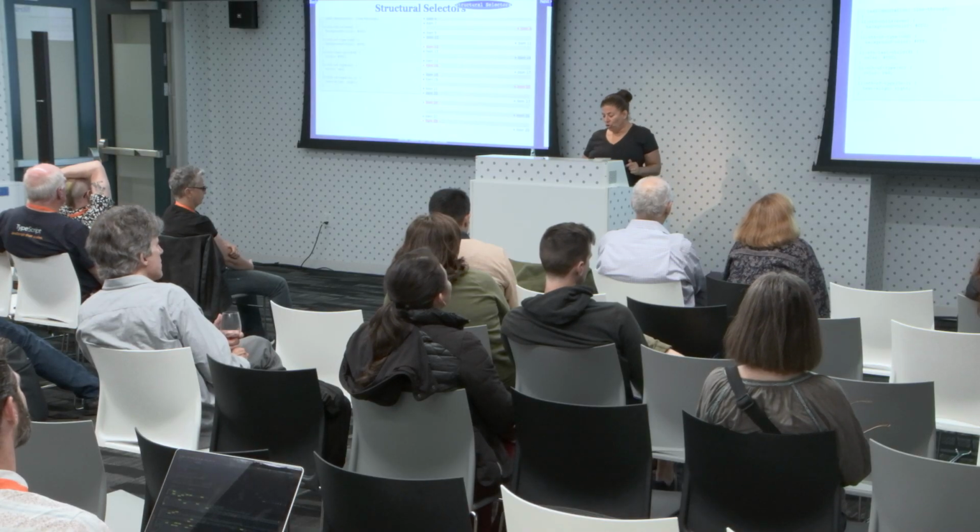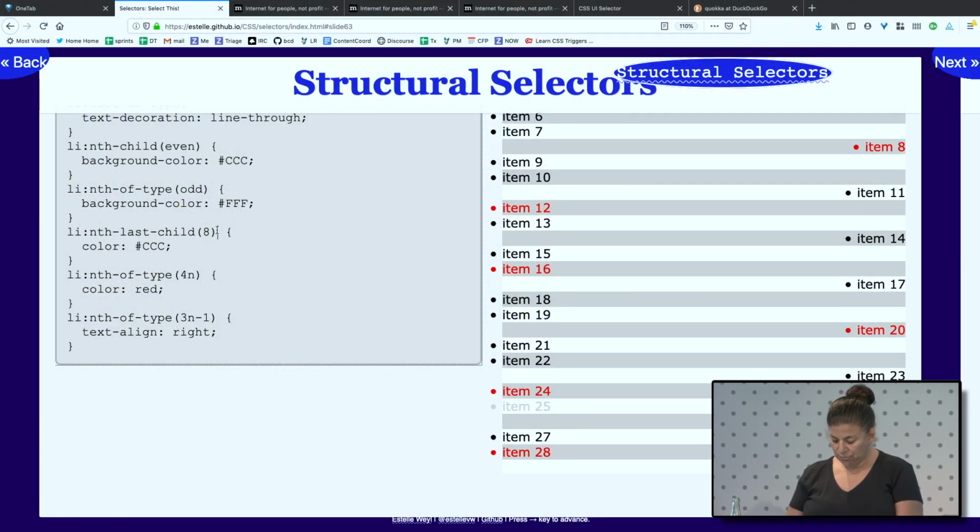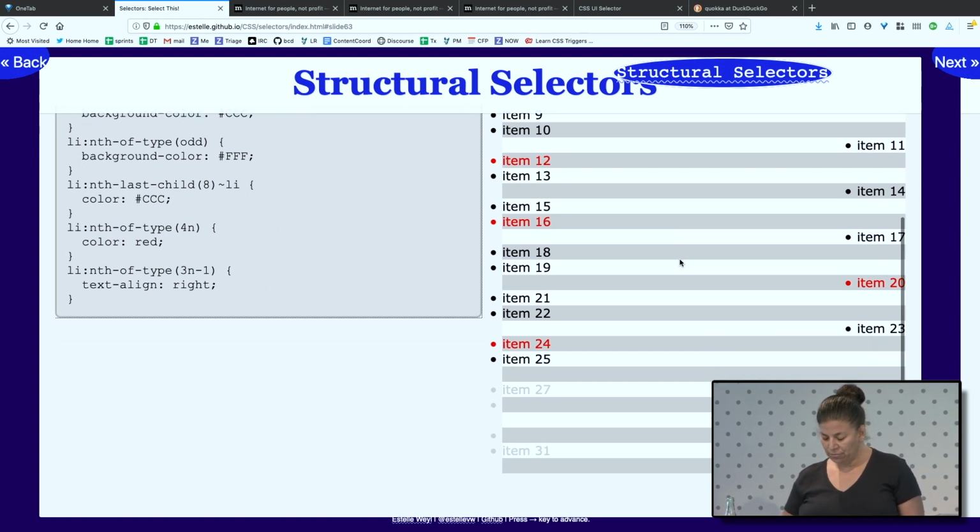So you could actually do tilde li, and I made the last 8 children gray. So when I said you don't need a class, can you imagine if you just wanted the last 5 children not to show? Like, I don't know why you wouldn't want the last 5 children not to show, but hey.